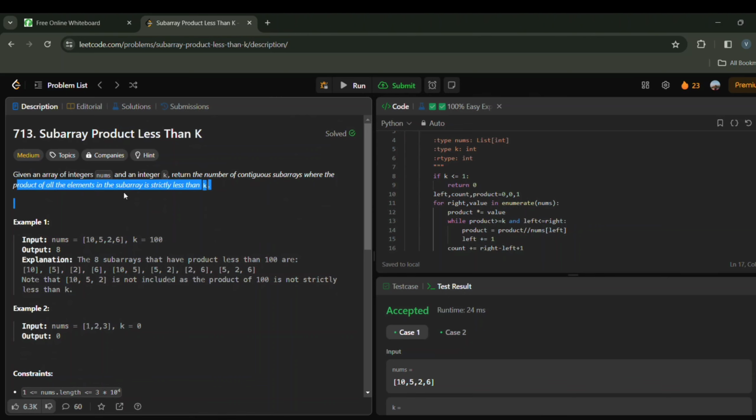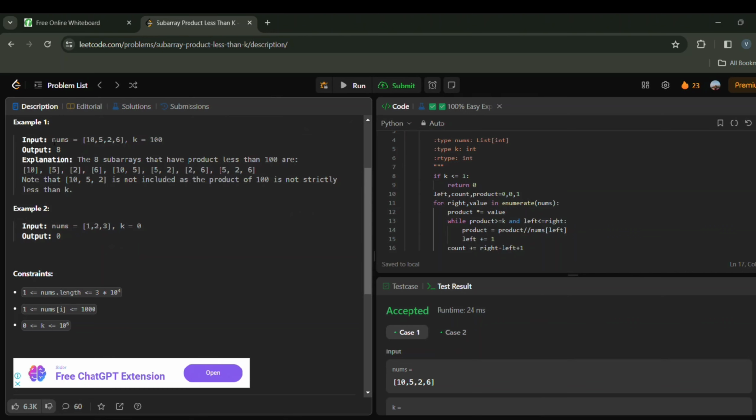So looking at the first example, the nums is 10, 5, 2, 6. We have to return the number of subarrays such that the product of the elements in that subarray is less than 100. So here are 8 possible subarrays which will have product less than 100.